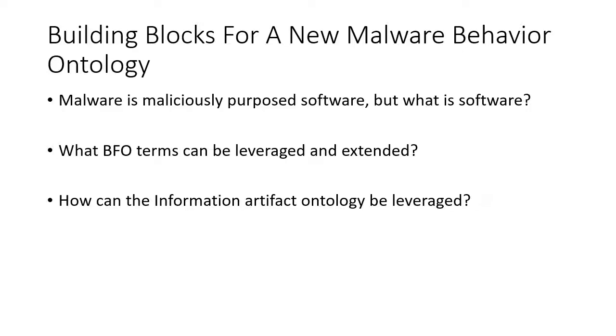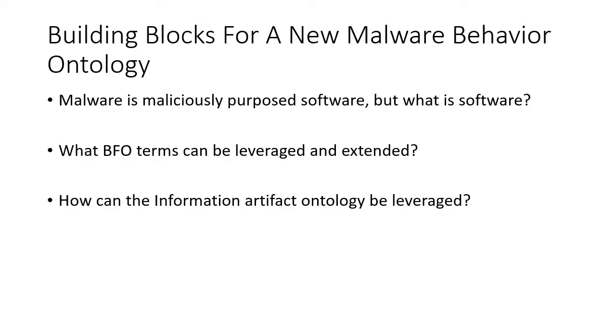One of the things that I noticed during my literature review of existing ontologies for malware analysis was that none of them provided a good reference of what software actually is. Because at the end of the day, malware is maliciously purposed software.